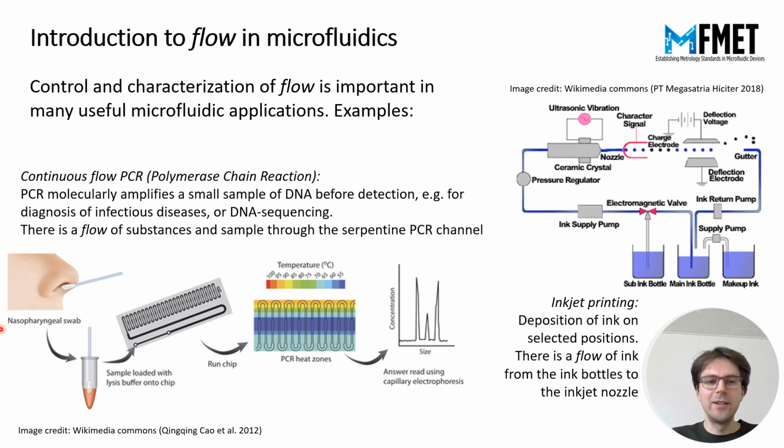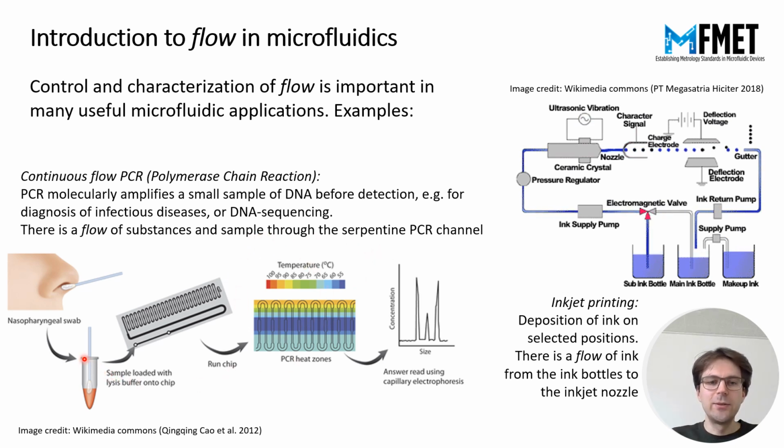The idea in PCR is that you can have a small DNA sample, and then you can run it through the PCR method where there is this serpentine PCR channel. There are some details with some temperature cycles of the channel also.